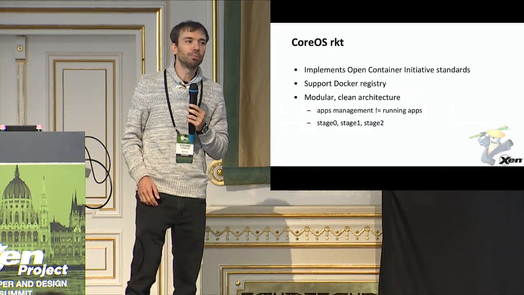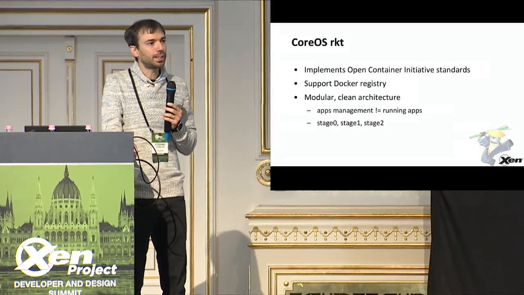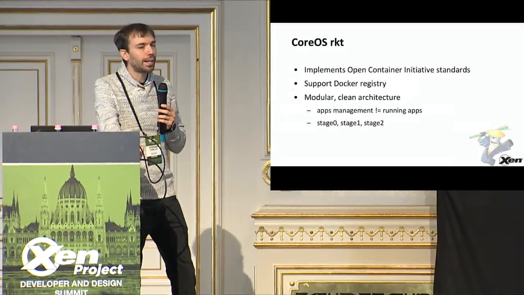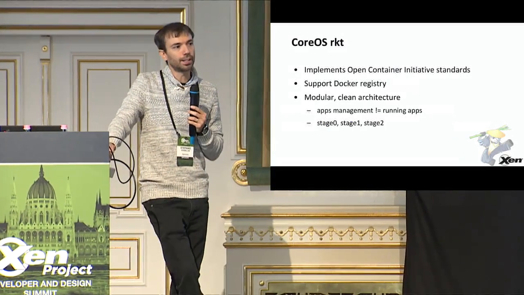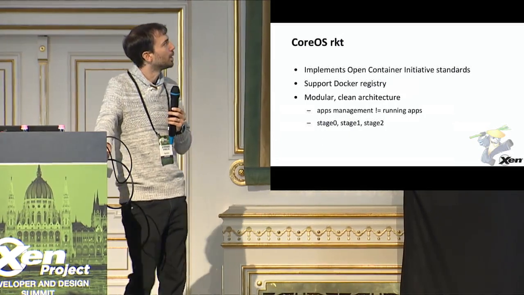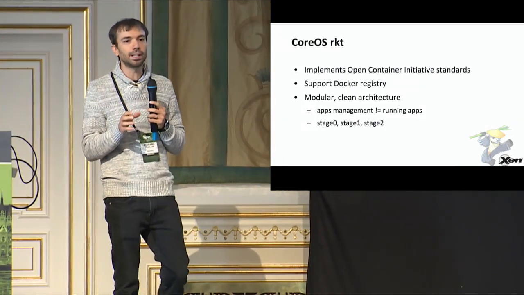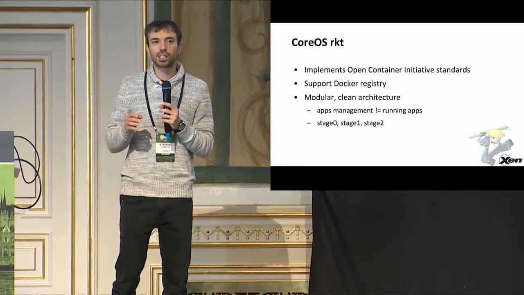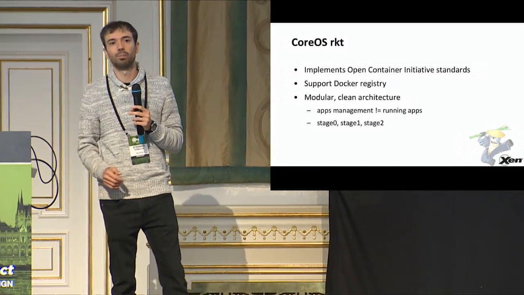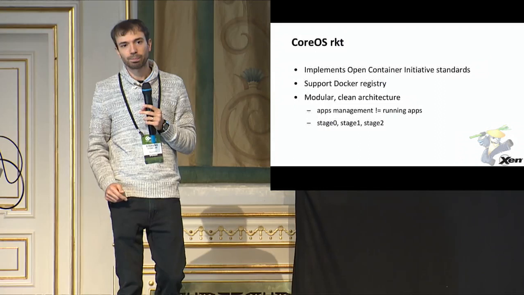But to be honest with you, this is not the reason why I picked Rocket. Rocket is actually very, very well engineered, very well architected, and that is the reason why I chose Rocket. So Rocket is based on the idea of stages, just like a real rocket. There are 3 stages: stage 0, stage 1, and stage 2.